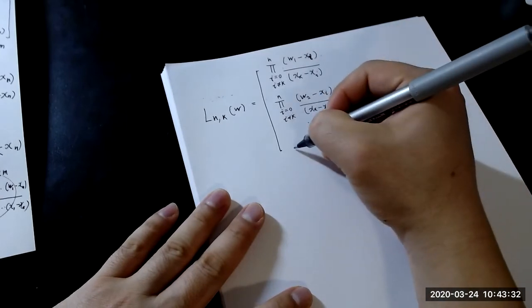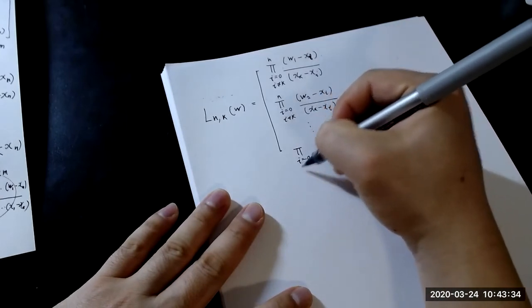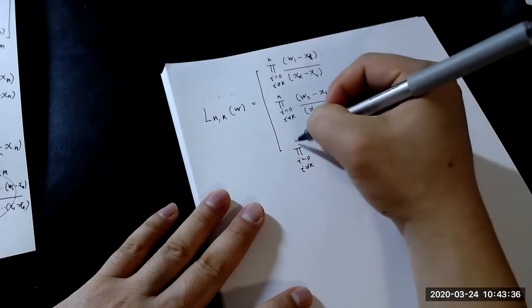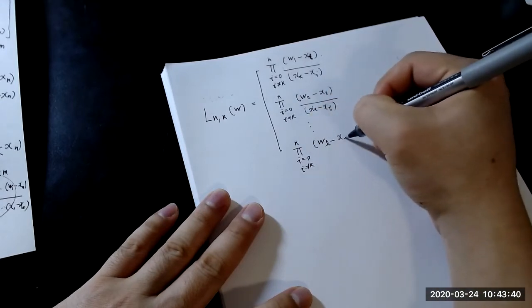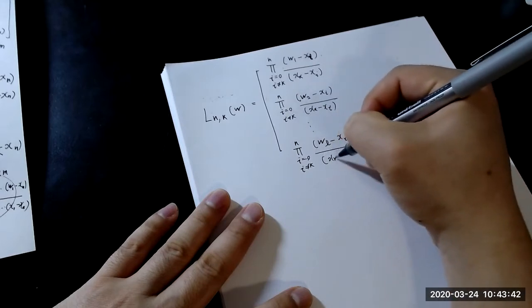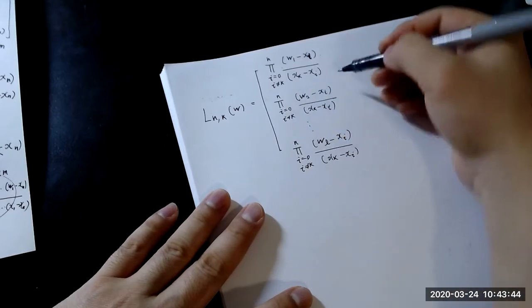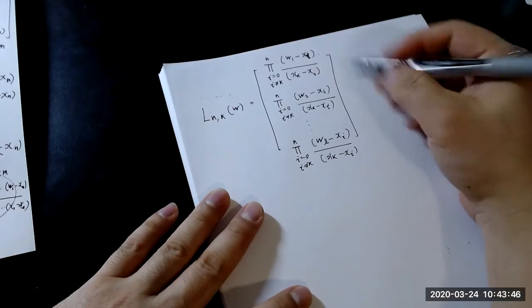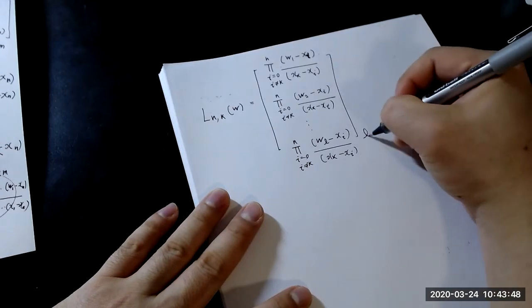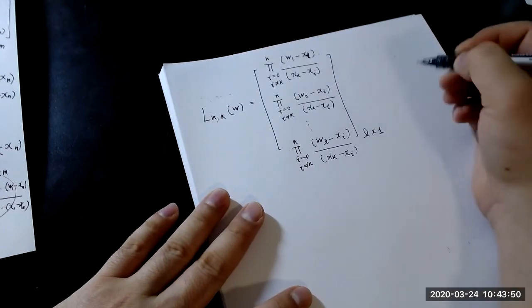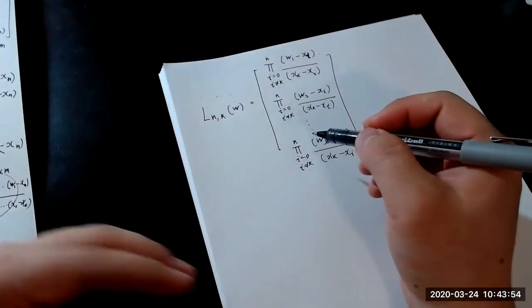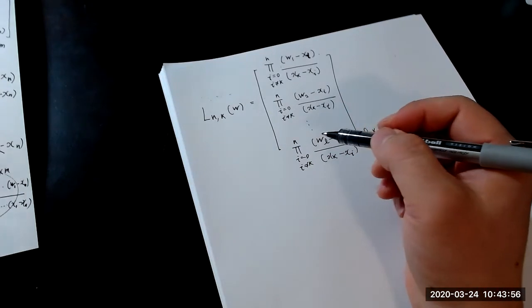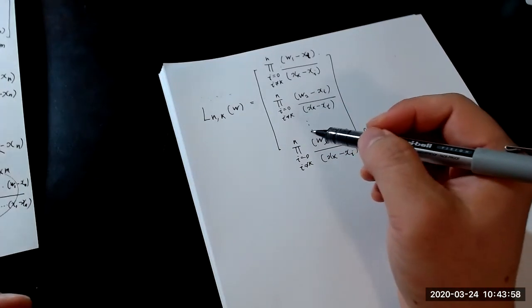The last entry is the product of WL minus xi over xk minus xi. How many entries are there? L.